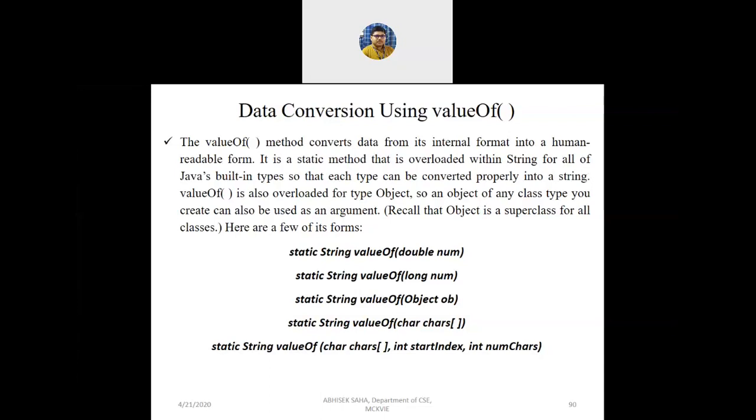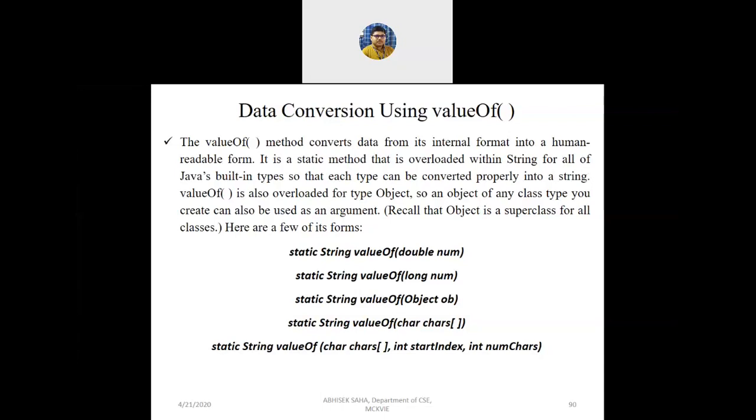The return type of the function is String, and the parameter can be any type: an int, a double, a long, an Object type. Though I haven't used any Object type data, later on when we discuss the wrapper class, we must discuss the Object type.